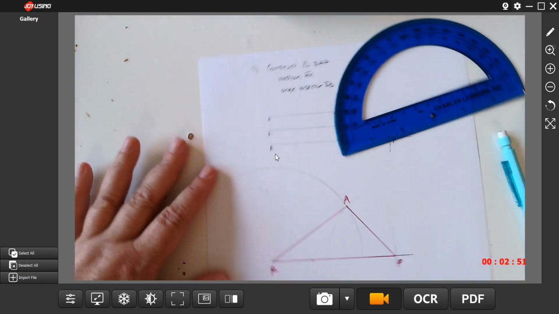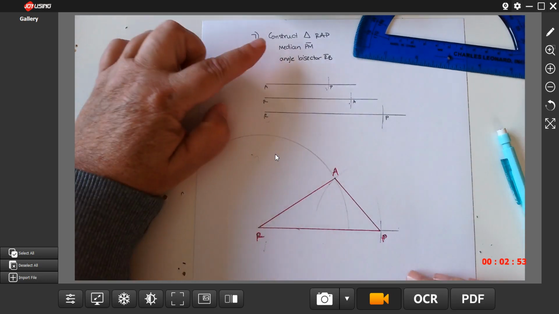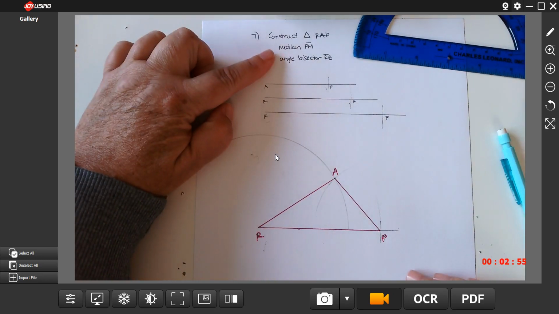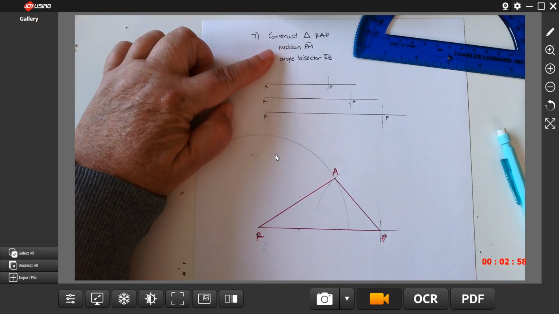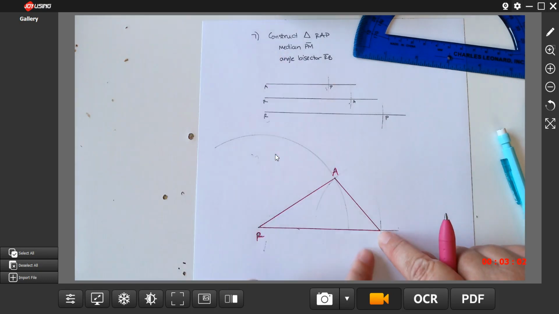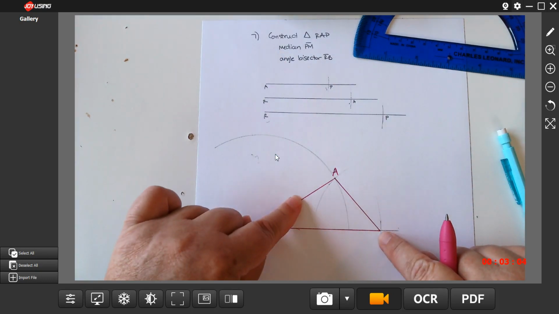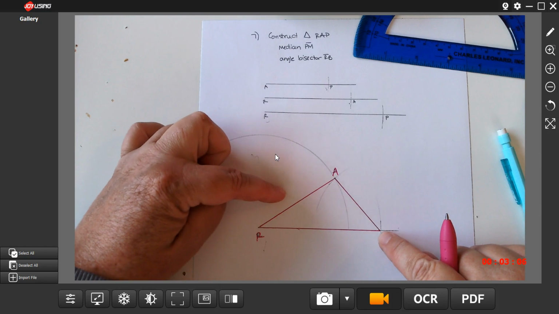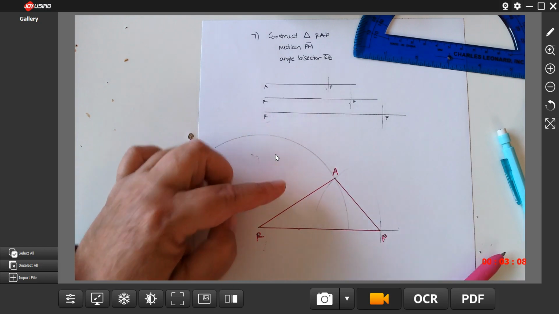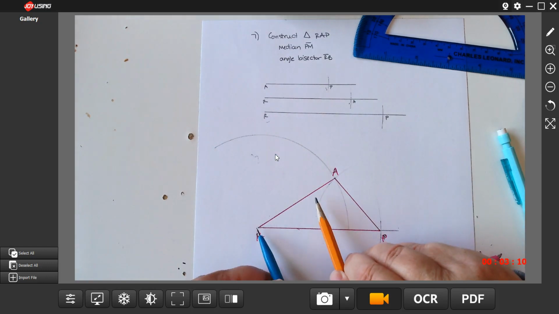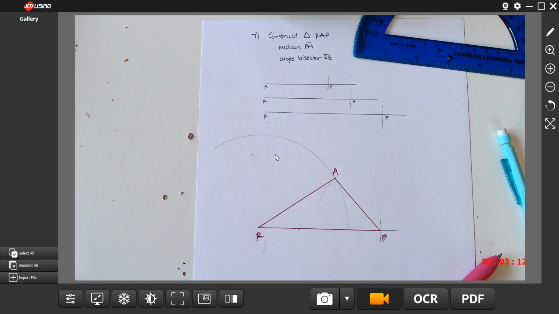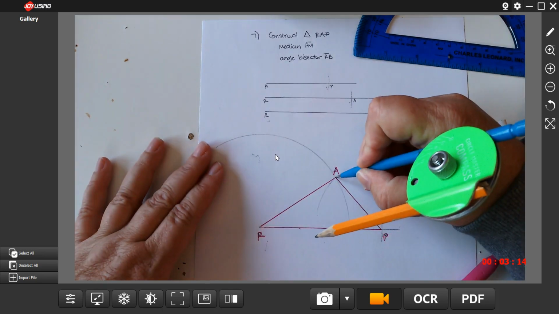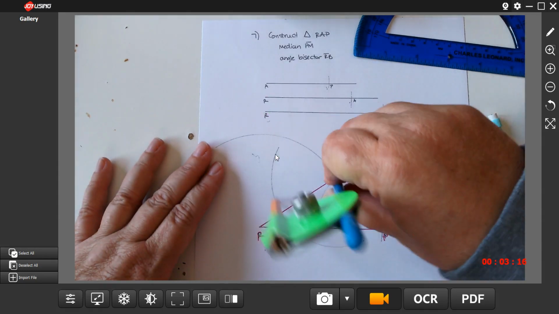Okay, so here is RAP. Now they want us to make median PM. So median goes from the midpoint to the opposite vertex. So PM has to go from P to the midpoint over here. So I need to find the perpendicular bisector of RA. So I need to open my compass more than halfway. Looks good. I'm going to go ahead and put my point on A and swing my semicircle.